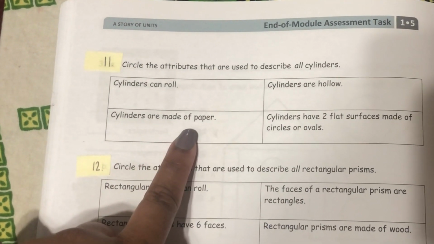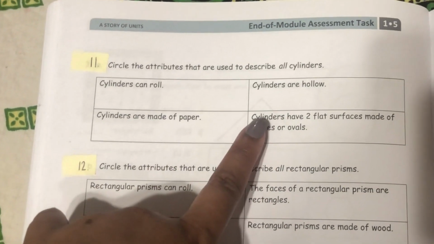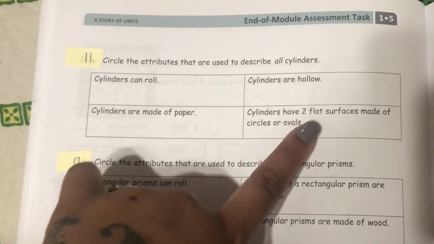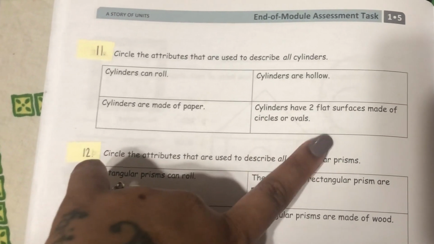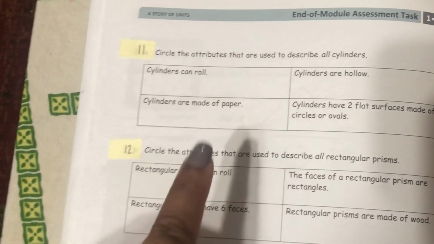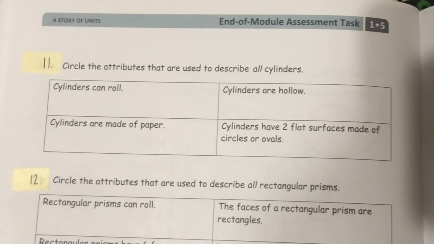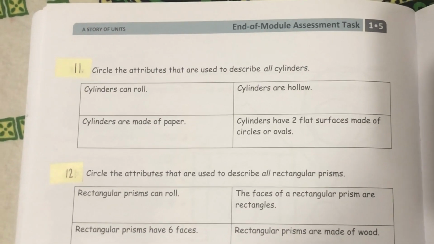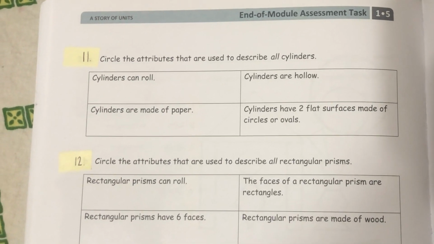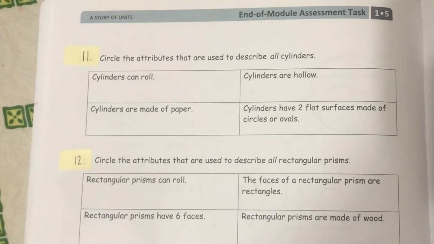Cylinders are made of paper. Cylinders have 2 flat surfaces made of circles or ovals. Please write the attributes that are true about cylinders next to number 11 in your composition book. Pause this video to do so.